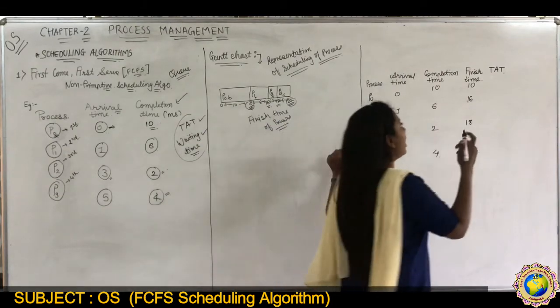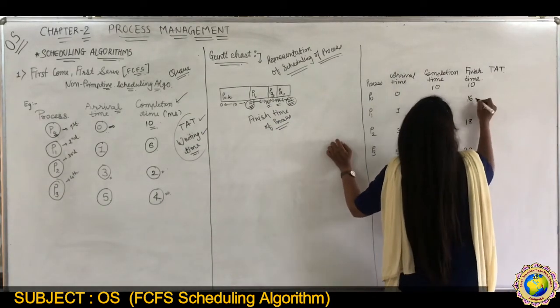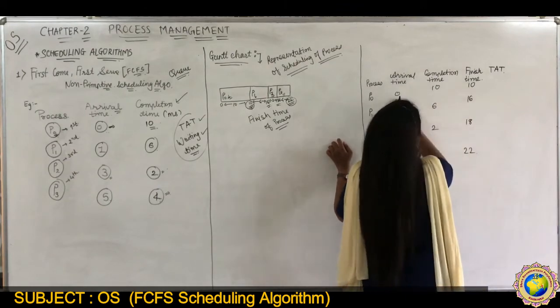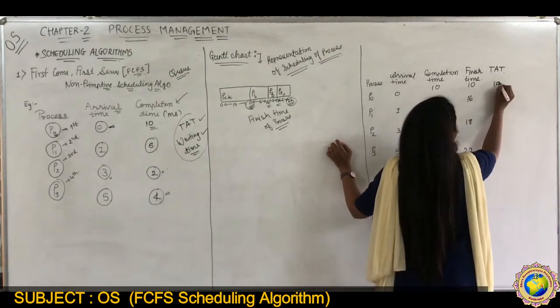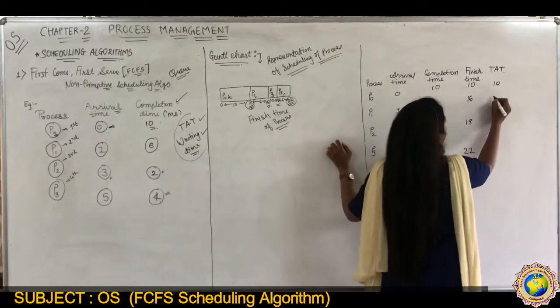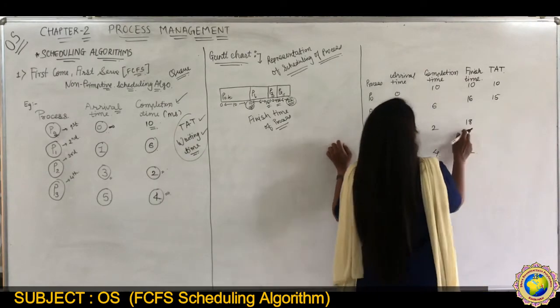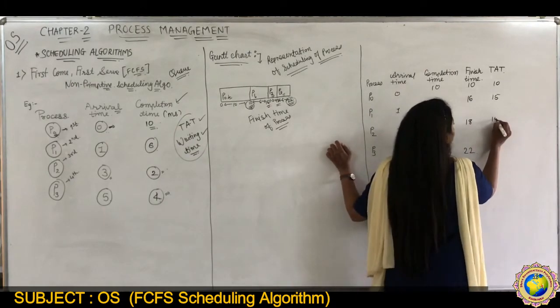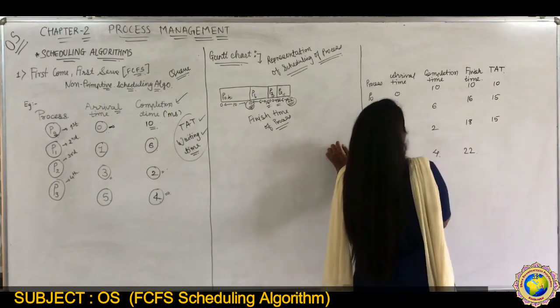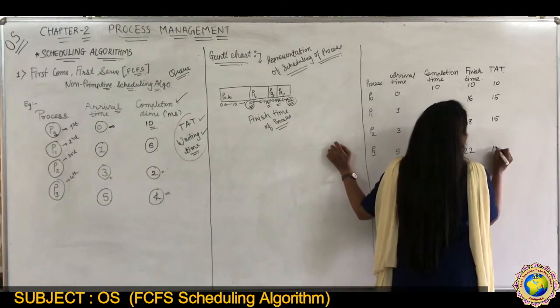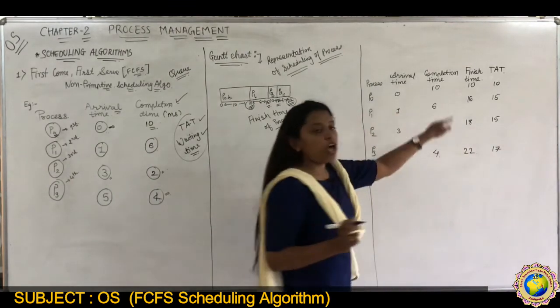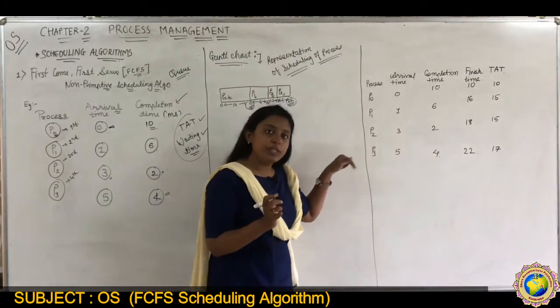So we write: 10 minus 0 is 10. 16 minus 1 is 15. 18 minus 3 is 15. 22 minus 5 is 17. This is all about the turnaround time.